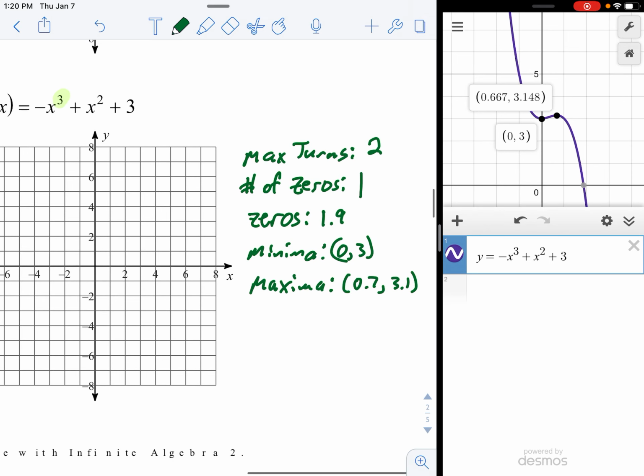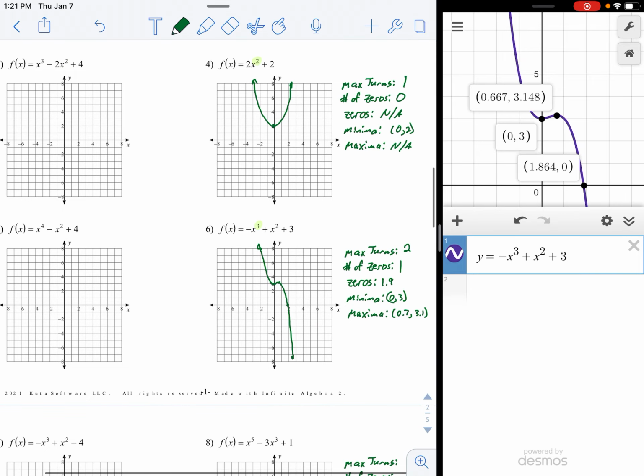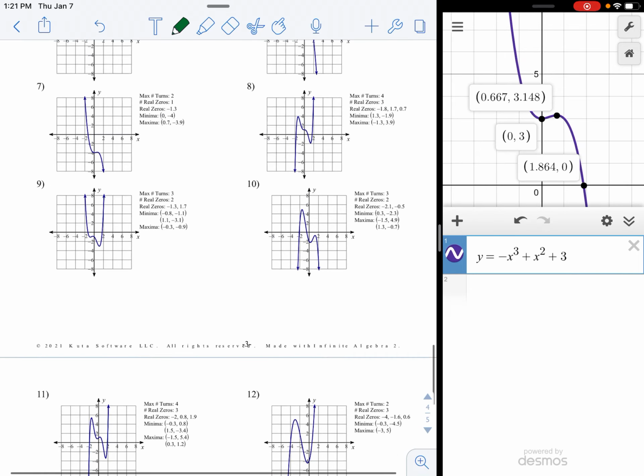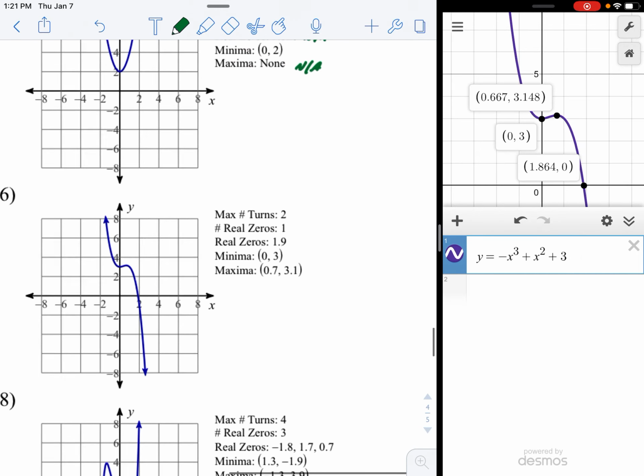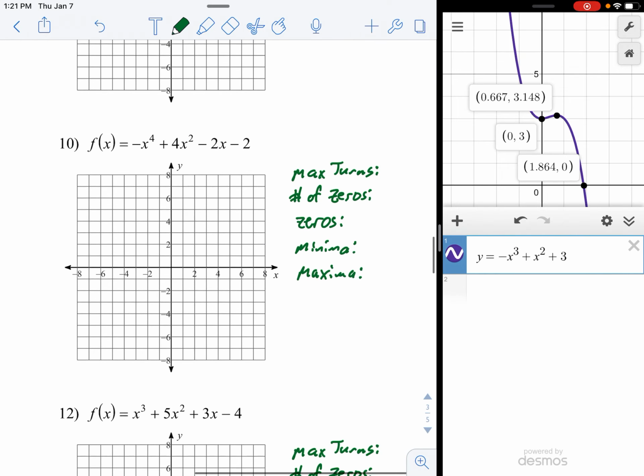Now, if I want to sketch this, I got to put a dot right about there, a dot there, another dot right about there, and we go like this, and you see there's a turn and another turn, and hopefully when I check number 6, that is going to look pretty good. And I think hopefully that's all right.